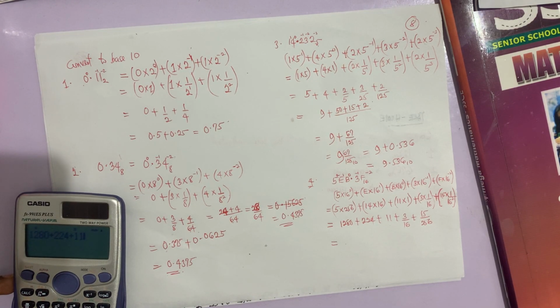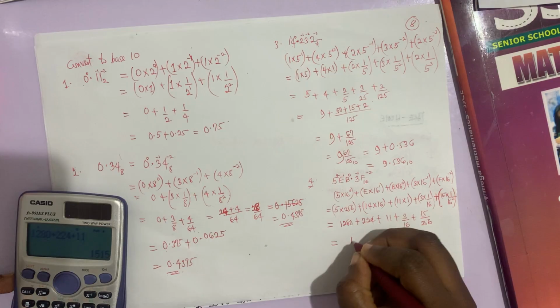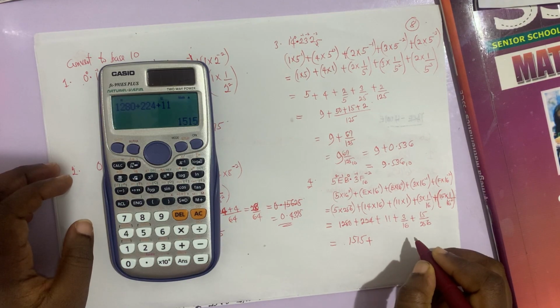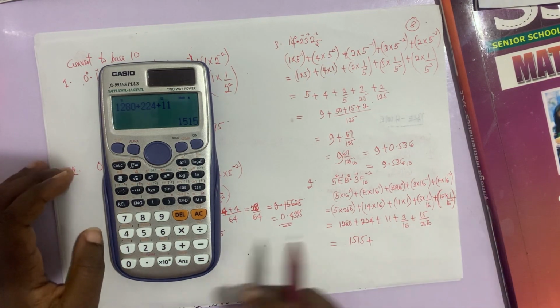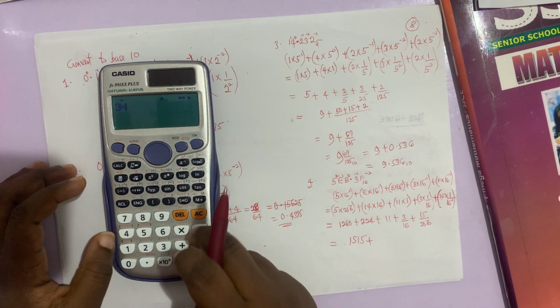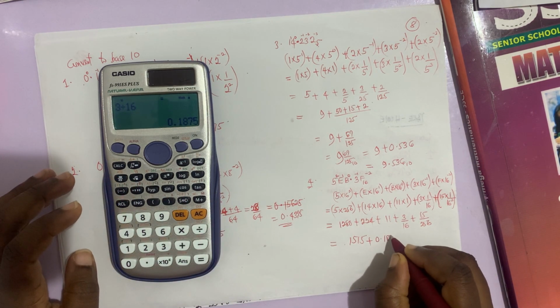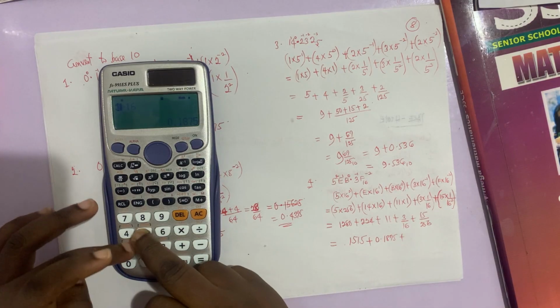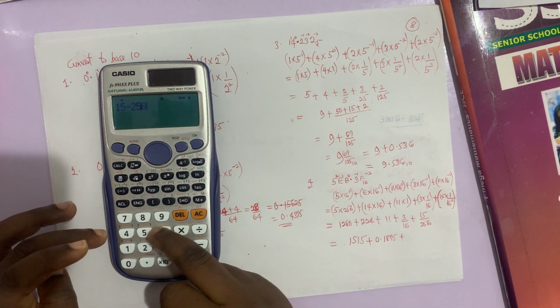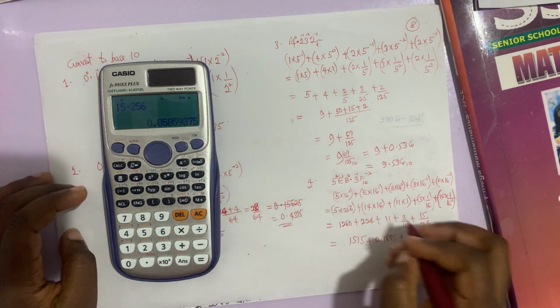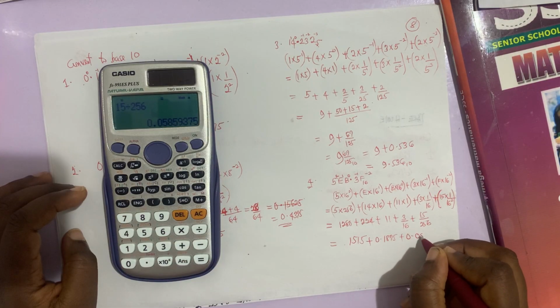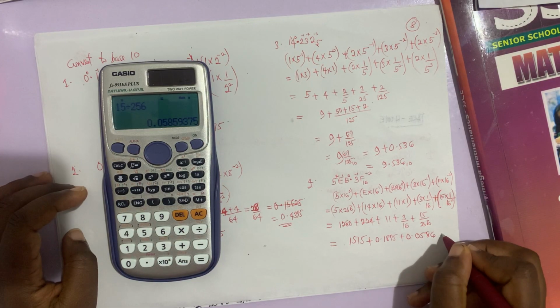And this becomes 1280 plus 224 plus 11. That will give us 1515. Plus, you can either do the fractional part or just do 3 divided by 16 to give you 0.1875, plus 15 divided by 256, and that will give us 0.0586 approximately.